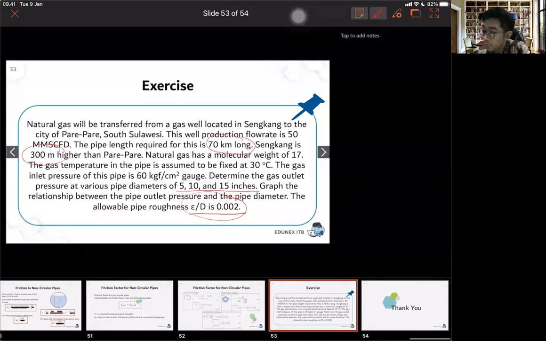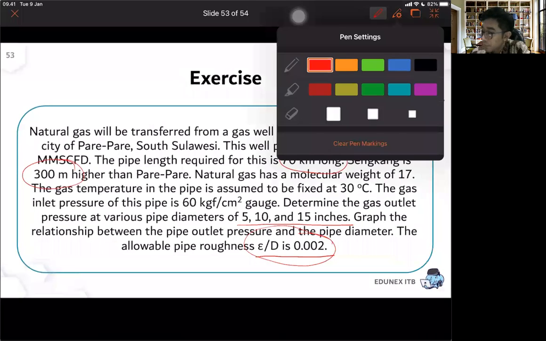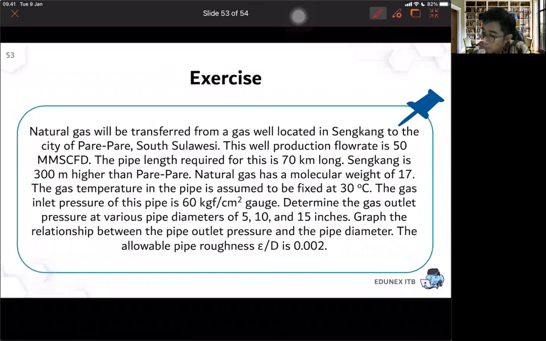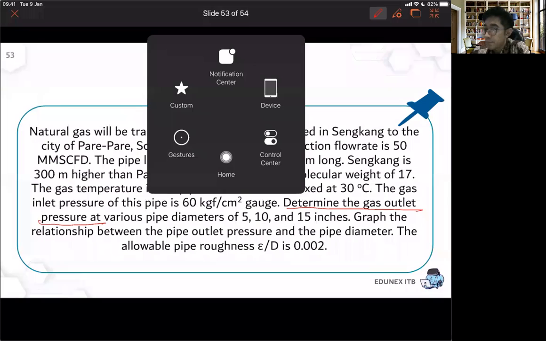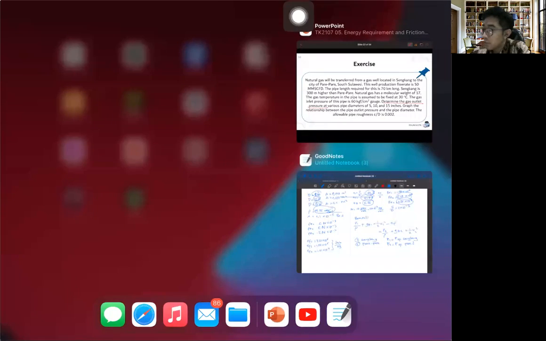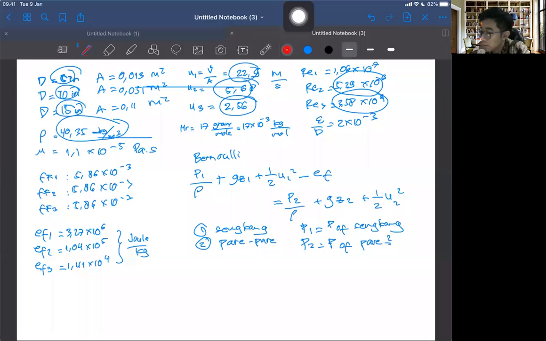So basically, you need to determine the gas outlet pressure. So it is the pressure at Parepare. This is the pressure in question. How about P1?